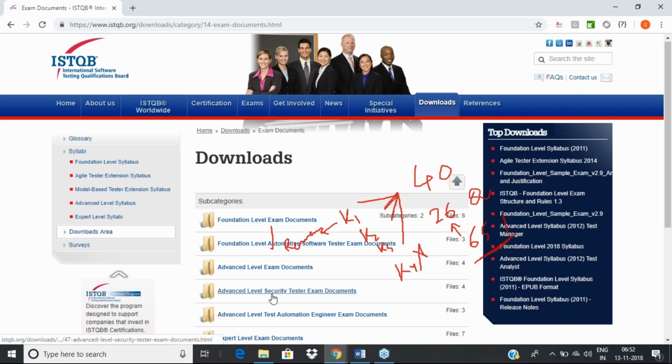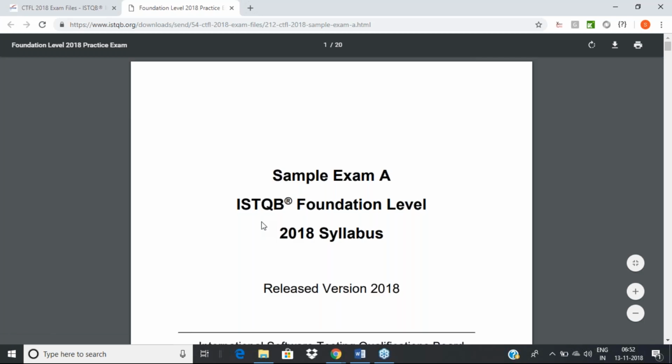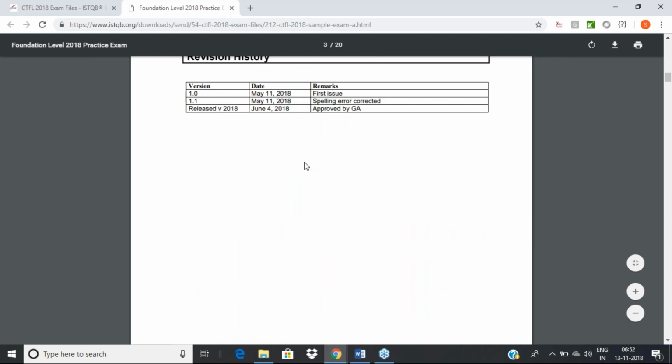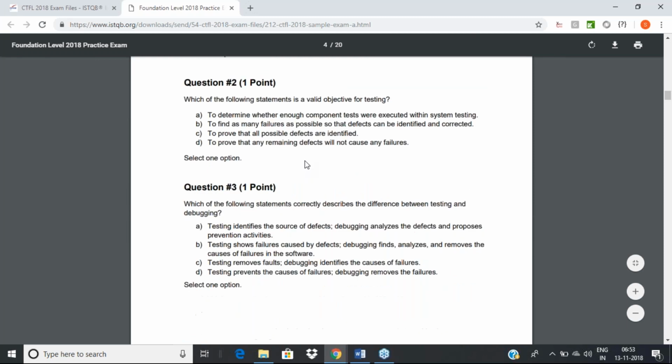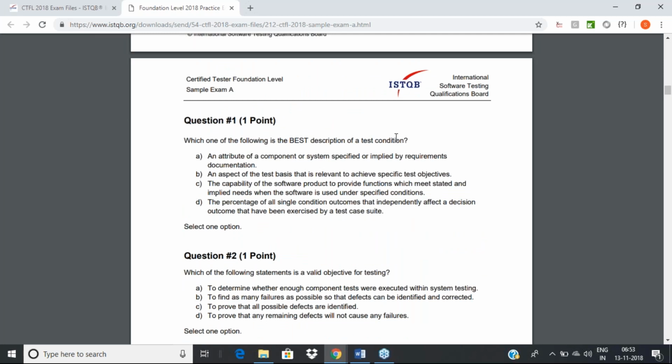One is the exam structure and rules, then sample exam A and its answers. Something like this: which one of the following is the best description of a test condition?